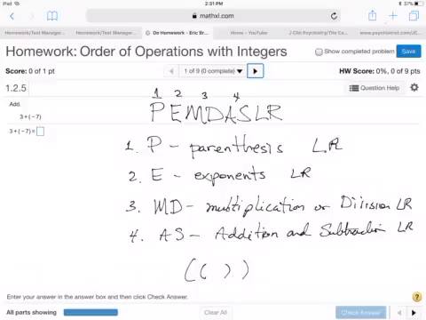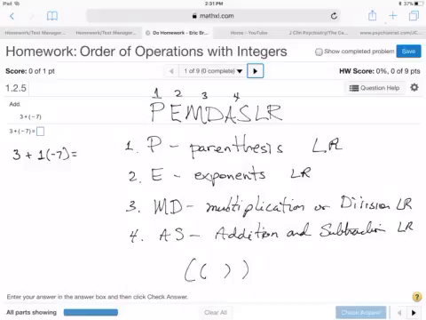The first problem states that we have 3 plus a negative 7. What is the order of operations? Well, that's 3 plus 1 times a negative 7.